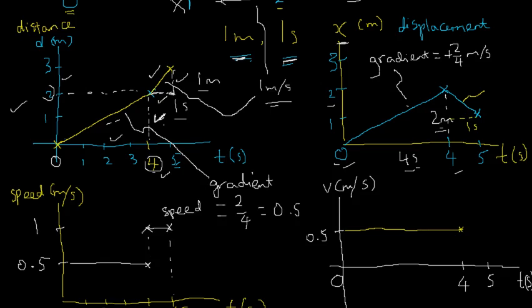The x has changed by this amount there. It has changed by 1 meter. You can see from here that there's a 1 meter change down here. So the gradient is 1 over 1, meters per second.